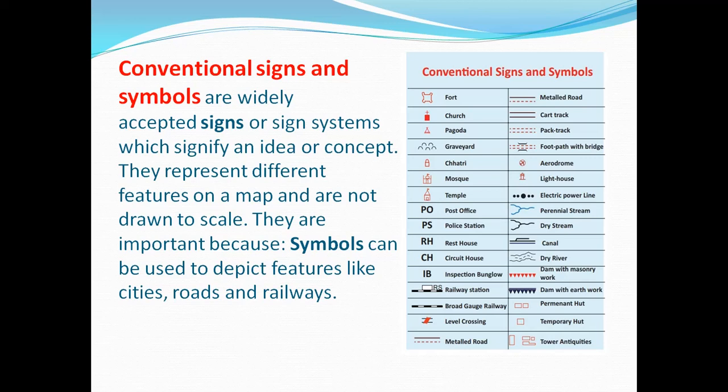They represent different features on a map and are not drawn to scale. They are important because symbols can be used to depict features like cities, roads, railways, trees, temples, school buildings. So it can be identified with the symbols. Symbols and signs are very important to read a map.